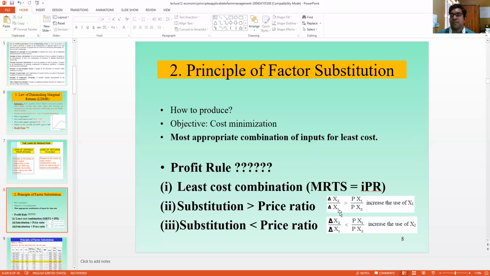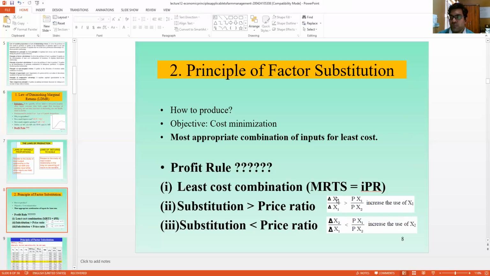For example, in cricket, there can be only 11 players. Once you want to bring a new player, the existing player has to be substituted. Substitution. So here X2 is the input which is replaced, and X1 is the input which is added. Delta means marginal, additional.